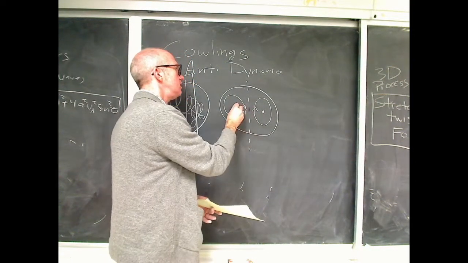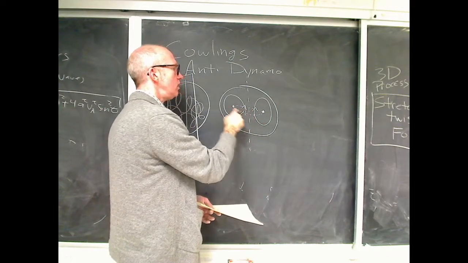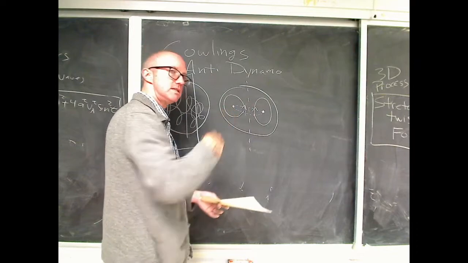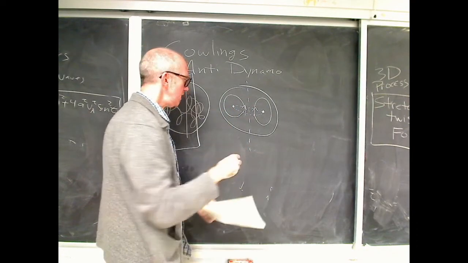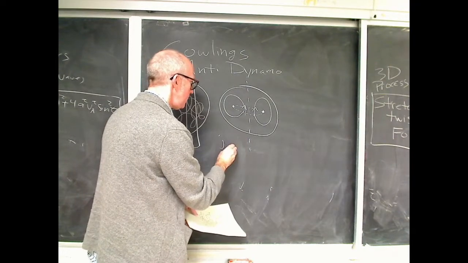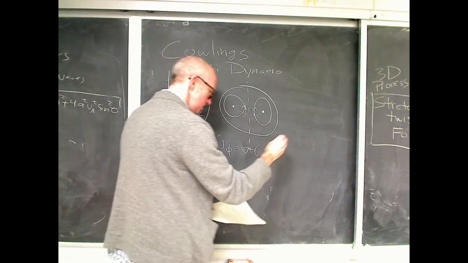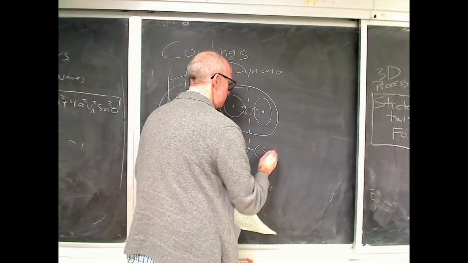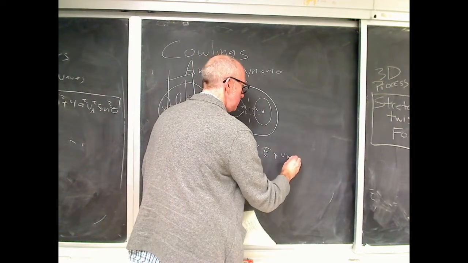So along the annulus, along my stagnation point, I'm going to have some current. We'll call it J phi. And J phi by Ohm's law is sigma times (E plus V cross B over C).